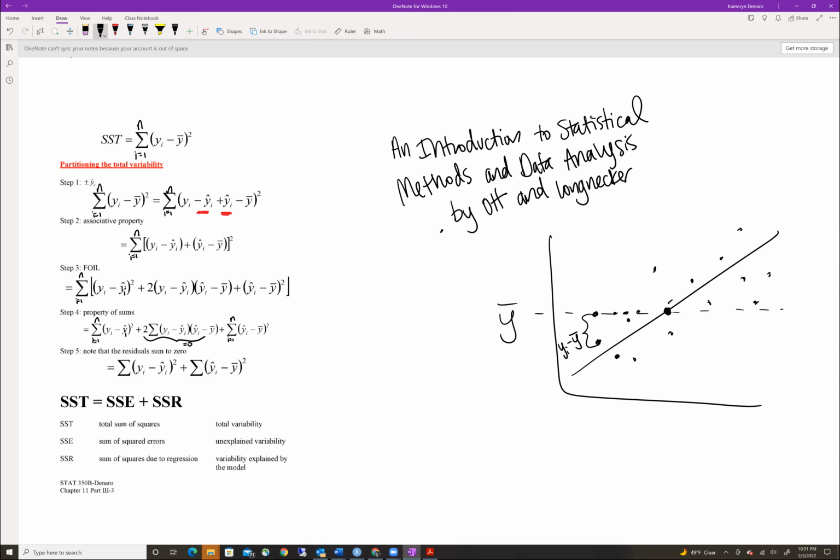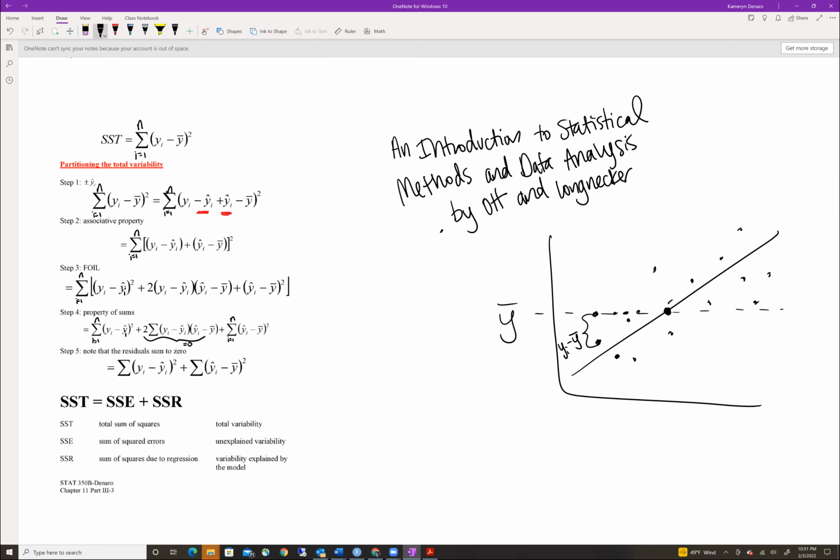Essentially we can partition this total variability into 2 pieces. We have our sum of squares total equals our sum of squared error, which is the unexplained variability, plus the sum of squares due to regression, which is the variability that can be explained by the model.